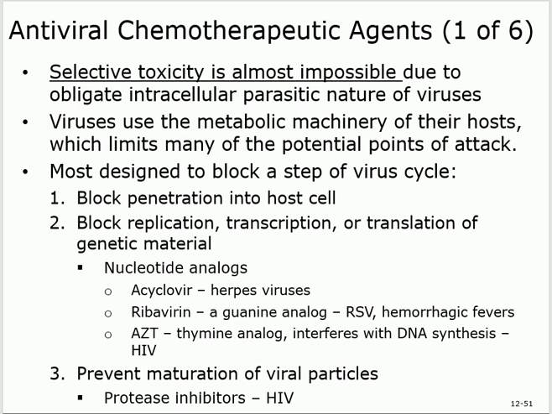But I want you to remember the AZT. The mechanism of action of AZT, you can add that to your list, okay? AZT works on the metabolic pathway, but specifically it's a thymine analog. It interferes with DNA synthesis. Remember the AZT in detail, and just remember acyclovir for herpes. Okay?